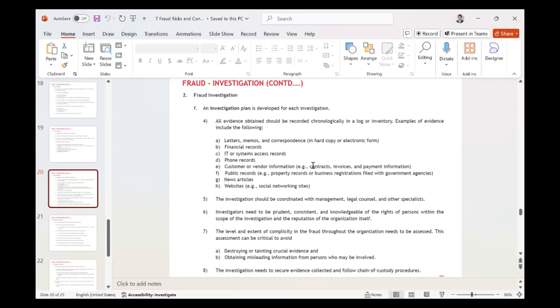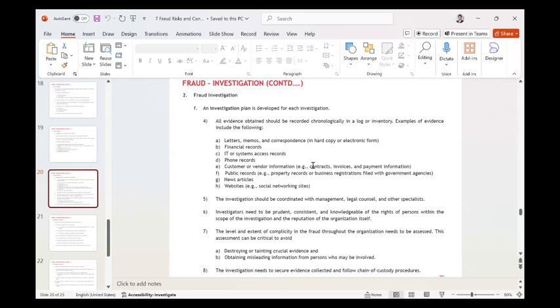And then sometimes in the investigation plan, you have to include a section where you mention whom you have to keep informed during the investigation: the audit committee, the police, the lawyers, the HR departments. You have to have that because you can't wait till the end of the investigation. There are periodic reports that you may have to issue, progress reports or presentations that you have to do.